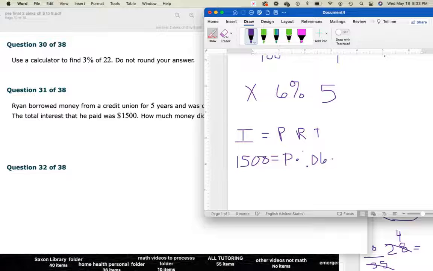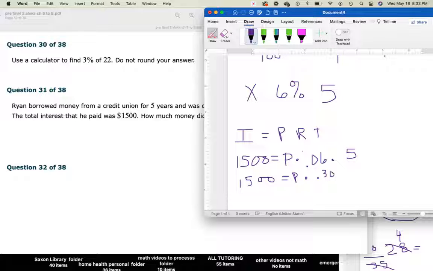Times the time, which was 5 years. Okay, so I could multiply all this together and have 1,500 equals principal. Now I'm just going to multiply these two together because 5 times 6 is 30. But since I have a 0.06, it's going to be times 0.30.